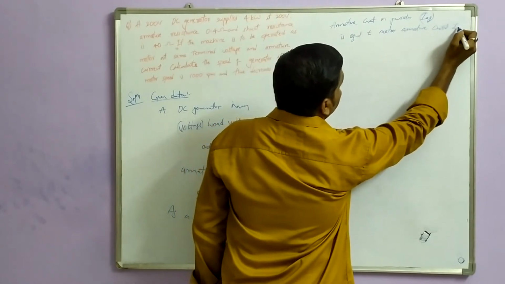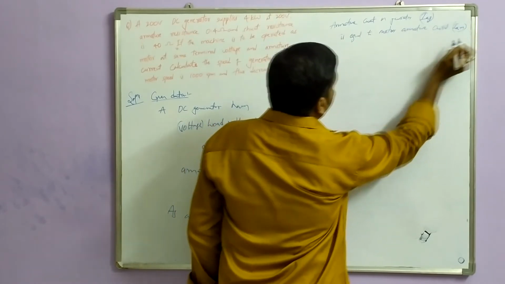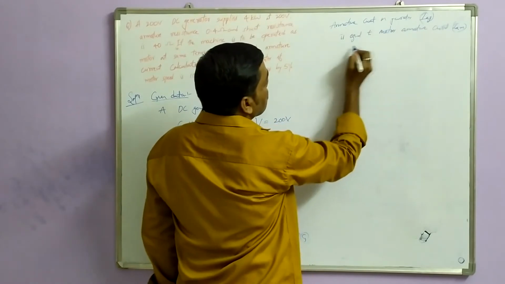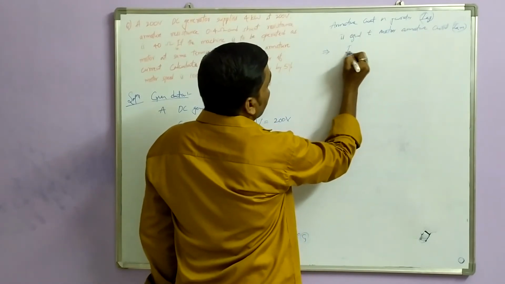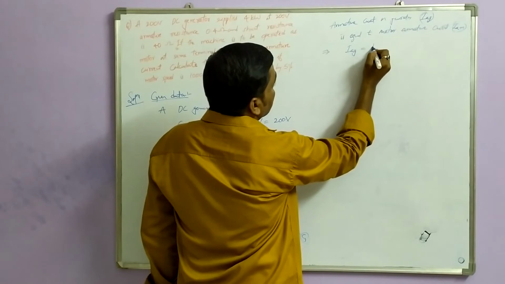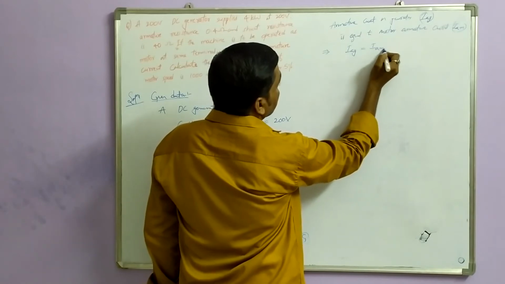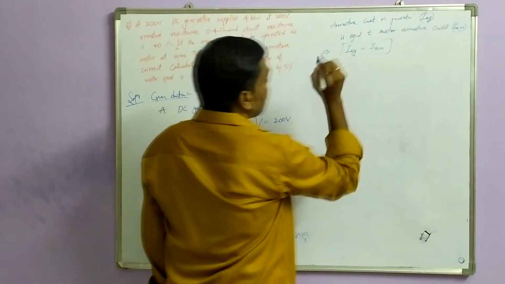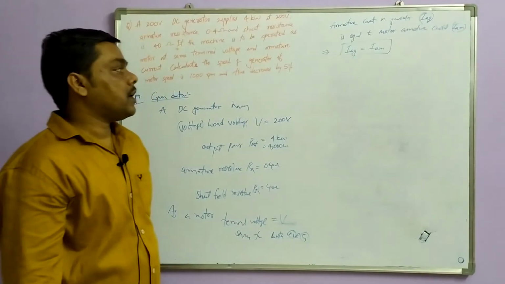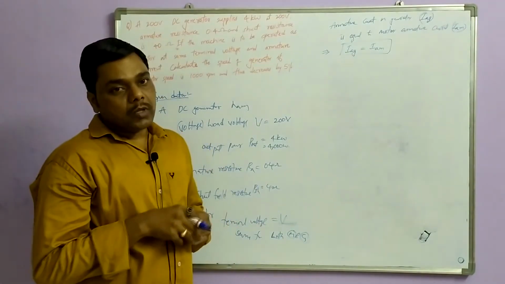So it is nothing but IAM. From this, IAG is equal to IAM. Now motor armature current and generator armature current both are the same.